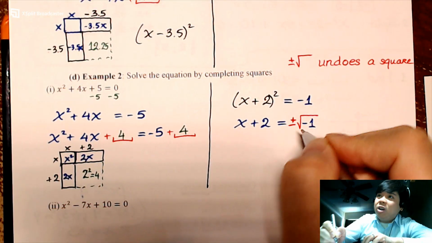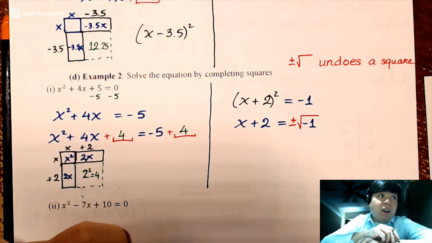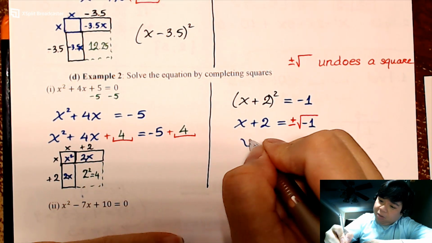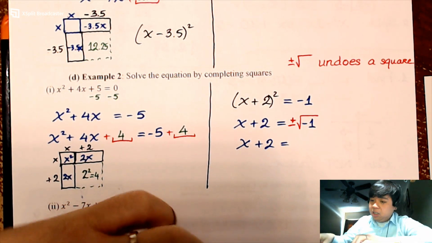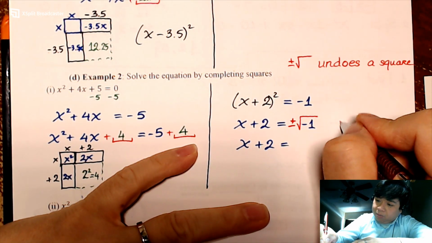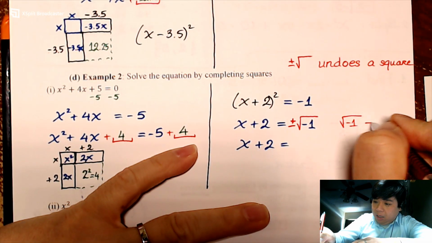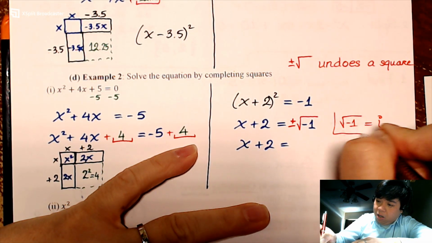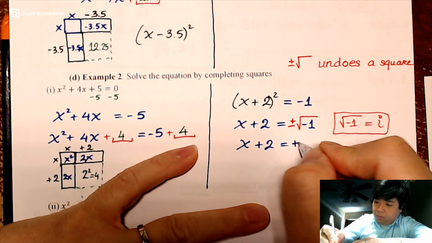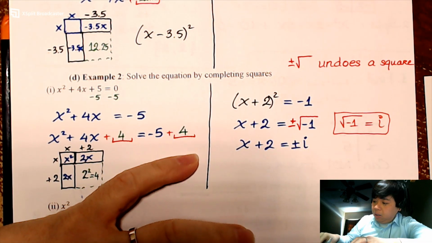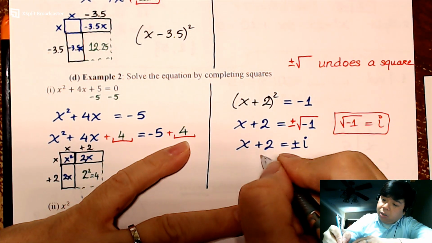And what is the square root of -1? Well, beginning of the lesson, that's what we have: i. That's how we define it. The square root of -1 equals i. So we have plus or minus i. And -2 on both sides.